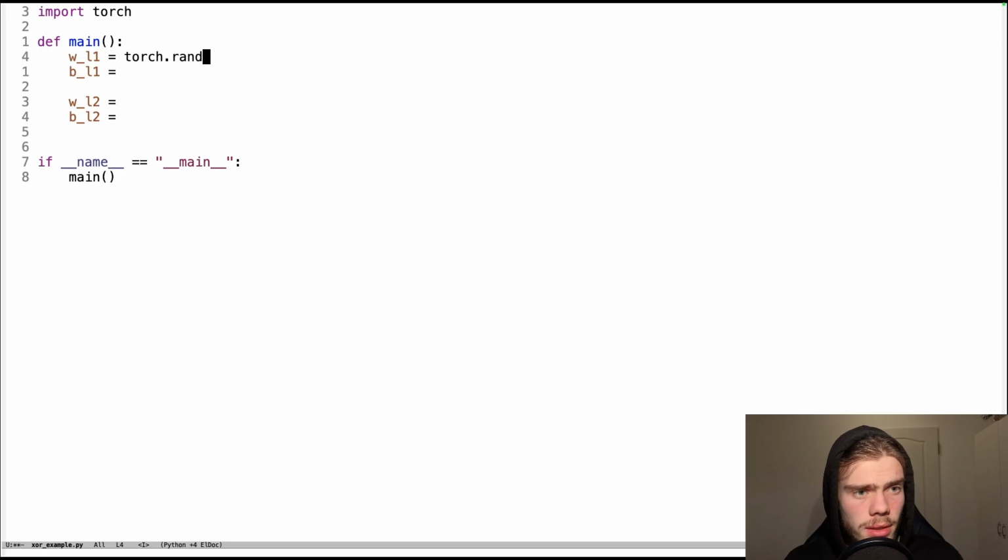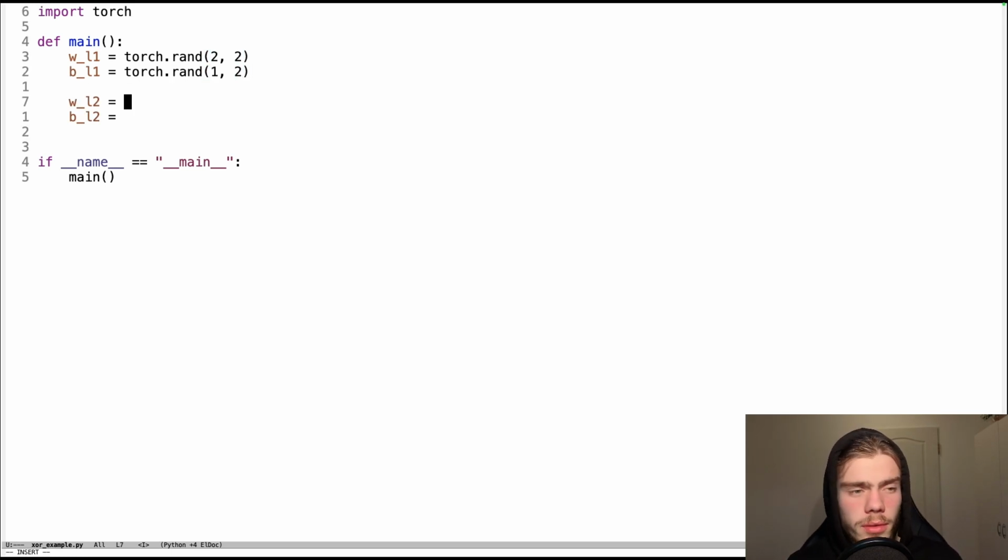We say this is just a random matrix, all of the values are uniform random, and now we provide a shape that is 2 by 2 for the weights, and for the bias we say that this is a 1 by 2.